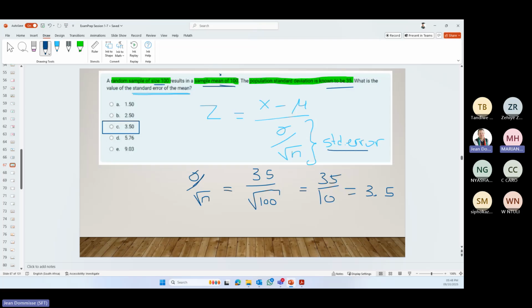What the standard error refers to is, if this was not a sample but a normal distribution of a population, then this standard error would have been your standard deviation. So the standard error eliminates the fluctuation in your data because of a sample.